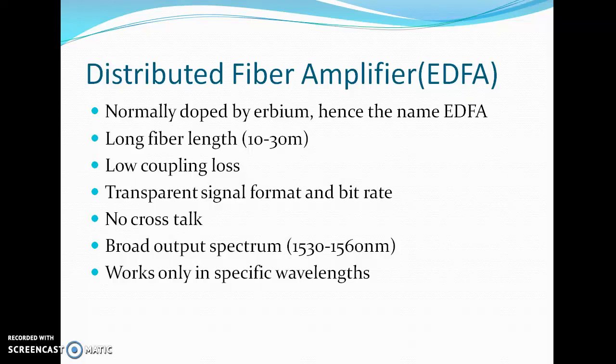The advantages of the EDFA are that it has low coupling loss, and its transparent signal format and bitrate make it easy to handle. It also has no crosstalk and operates on a broad spectrum of 1530 to 1560 nanometers. However, the disadvantage of this amplifier is that it only works in specific wavelengths.